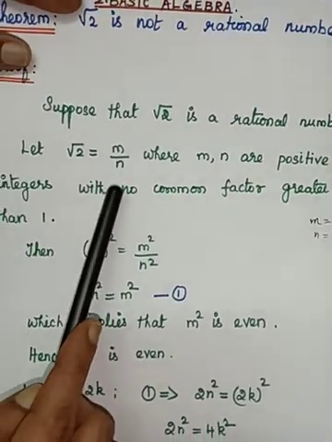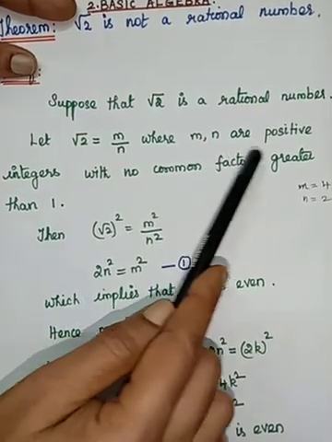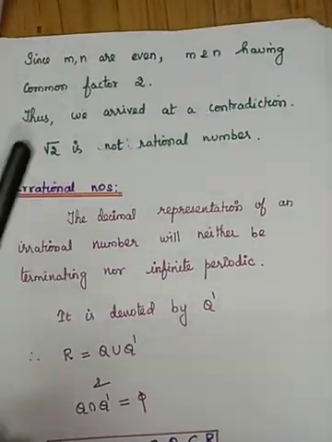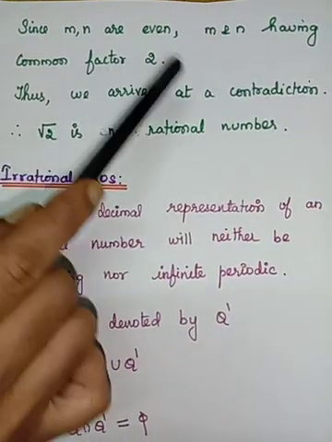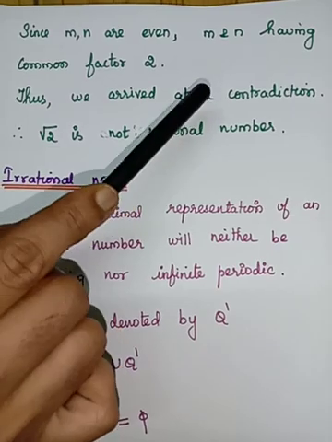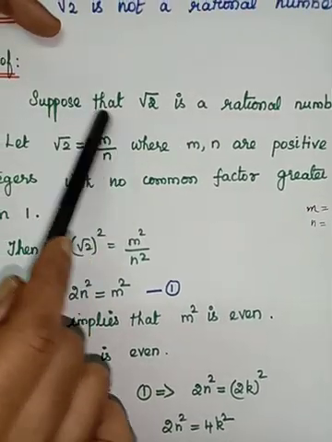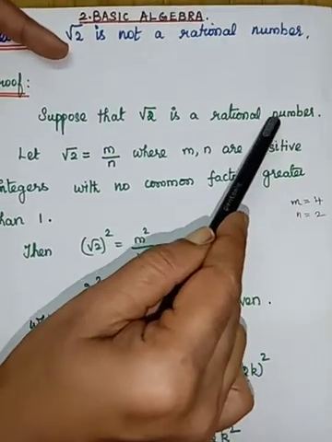We assumed m and n are positive integers with no common factor greater than 1. Now we arrived at m and n having the common factor 2. So it is a contradiction to our assumption. Before that, why did we take it like this? We have assumed root 2 is a rational number.